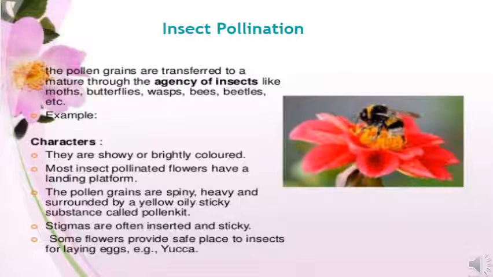The pollen grains are spiny, heavy, and surrounded by a yellow, oily, sticky substance called pollen kit. It needs to be sticky so that when the insects sit on the flower, the pollens stick on the feet or the legs of the insects. Some flowers provide a safe place to insects for laying eggs.